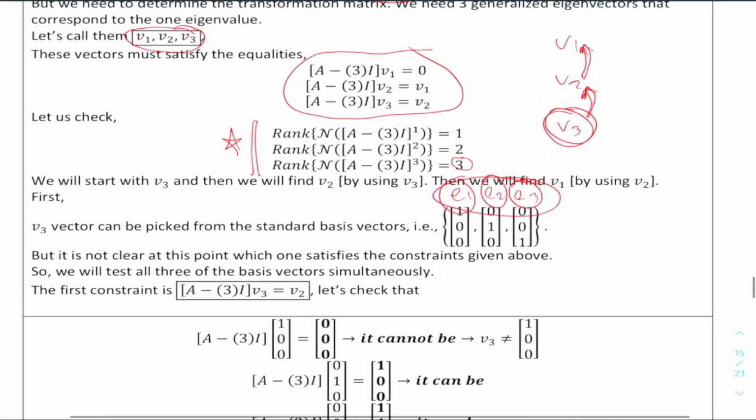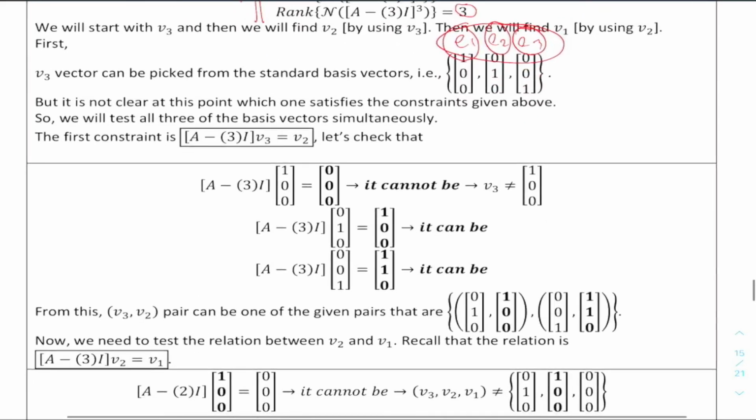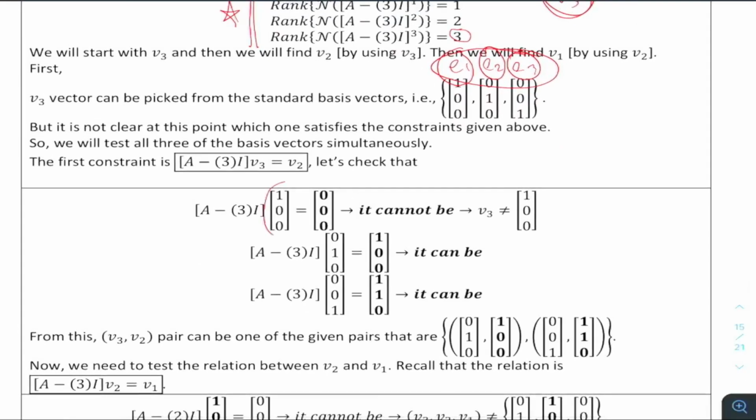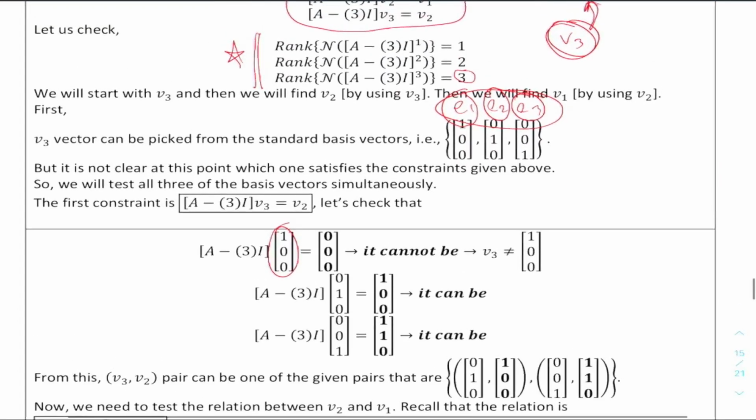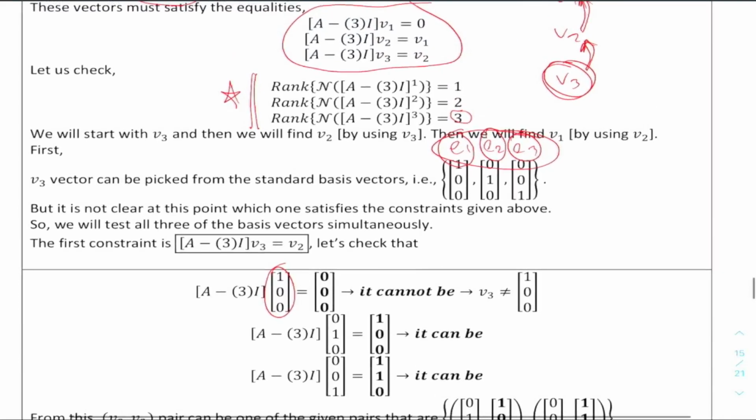Here, let's check them. This is e1, this is e1, and basically I am focusing on this v2, but I don't know what v2 is at this moment.